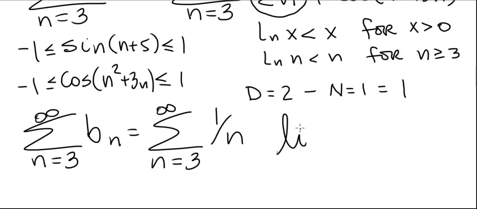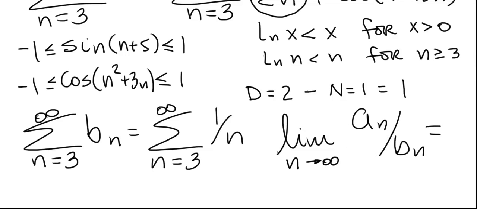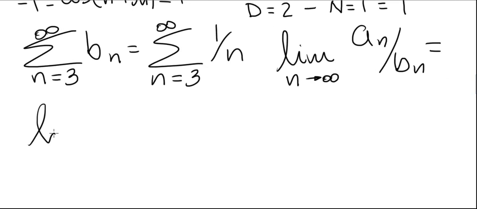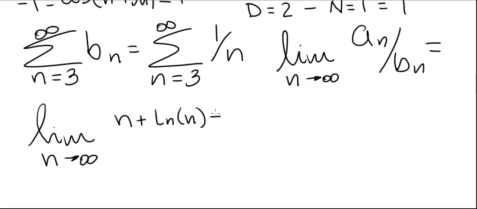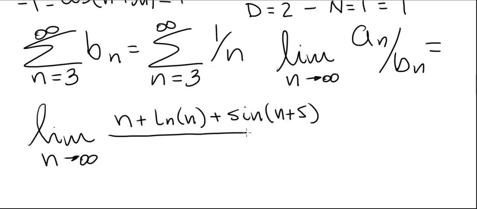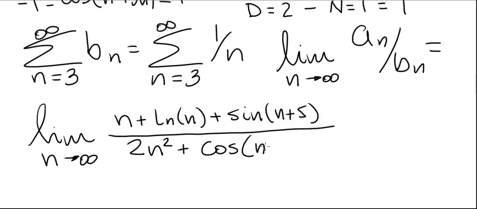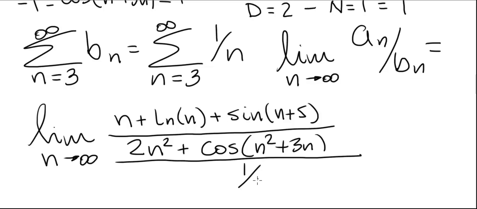Now let's compute the limit as n goes to infinity of a sub n divided by b sub n. And that limit looks like this. We have the limit as n goes to infinity, n plus ln of n plus sine of n plus 5, and divided by 2n squared plus cosine of n squared plus 3n, all this divided by 1 over n.